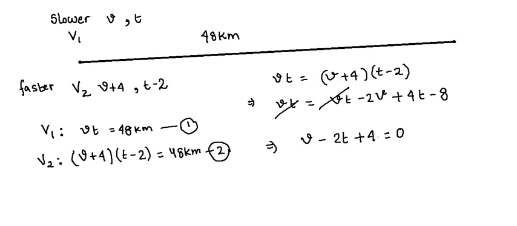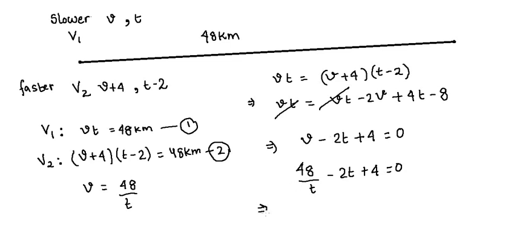Now, by using equation 1, you can easily say that your velocity v is equal to 48 by t. Putting the value of v in this equation, you obtain 48 by t minus 2t plus 4 is equal to 0.